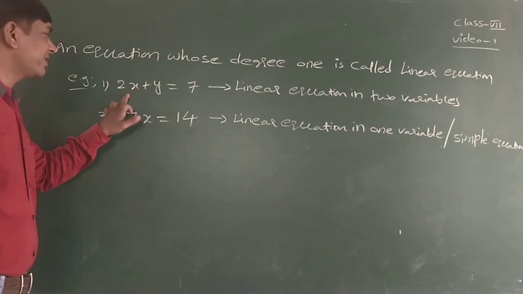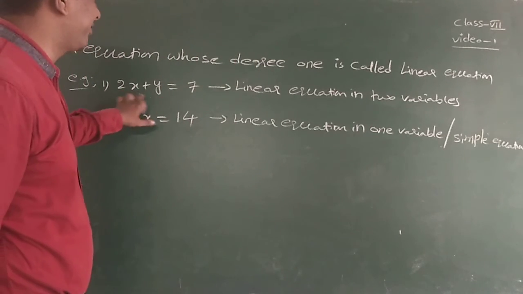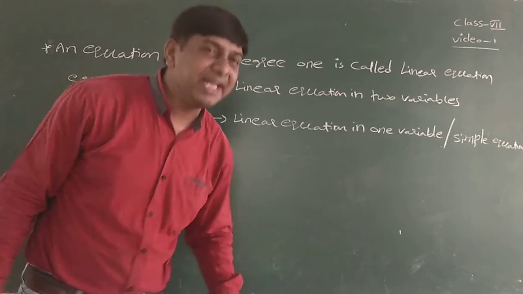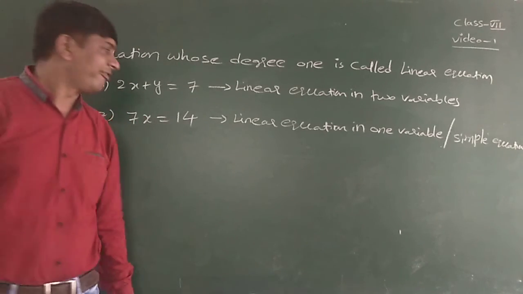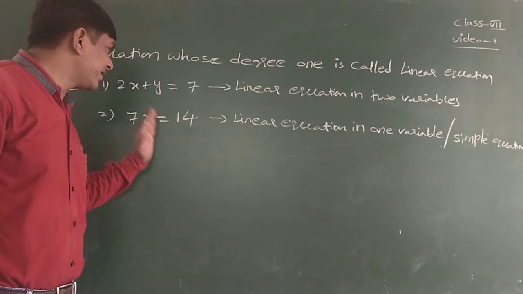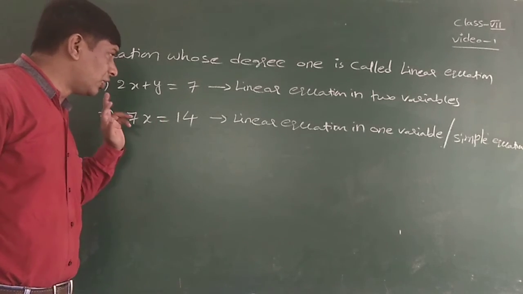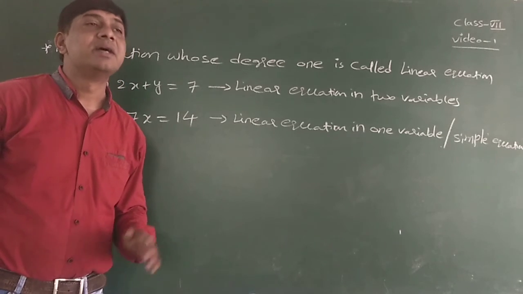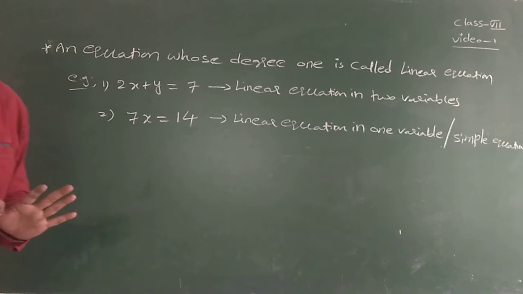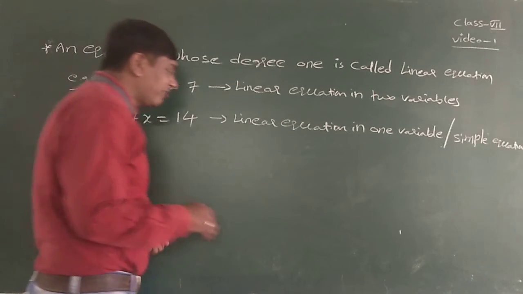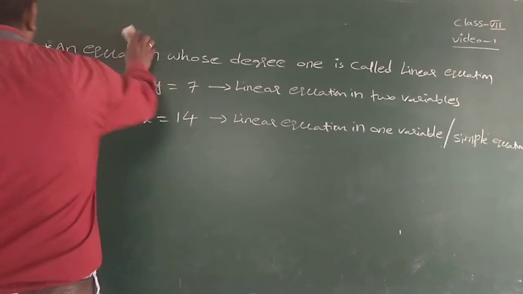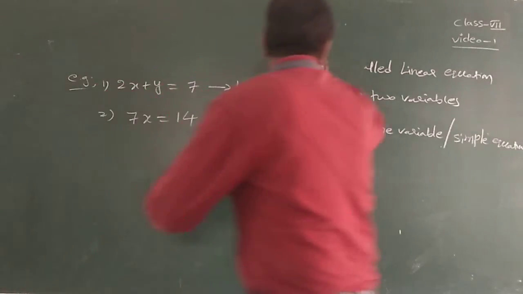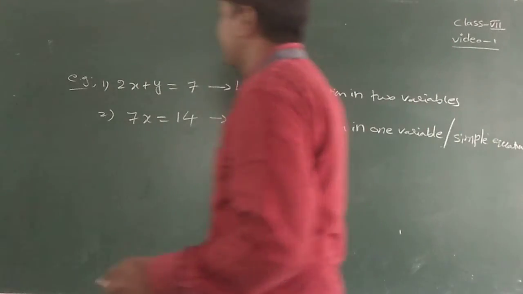Since this linear equation contains two different variables, it is called a linear equation in two variables. Whereas this linear equation contains only one variable, so this is called a linear equation in one variable, or simple equation.